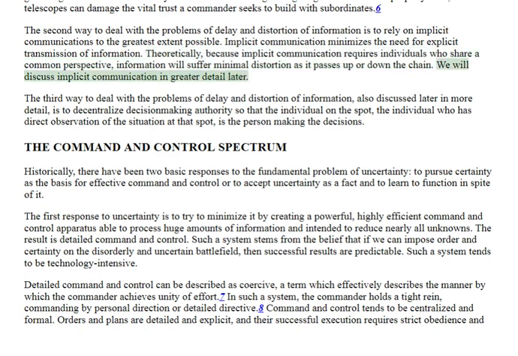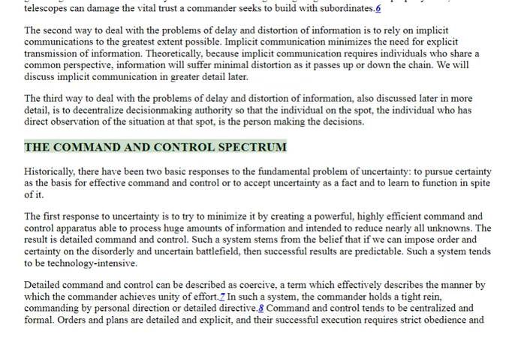We will discuss implicit communication in greater detail later. The third way to deal with the problems of delay and distortion of information, also discussed later in more detail, is to decentralize decision-making authority so that the individual on the spot, the individual who has direct observation of the situation at that spot, is the person making the decisions.